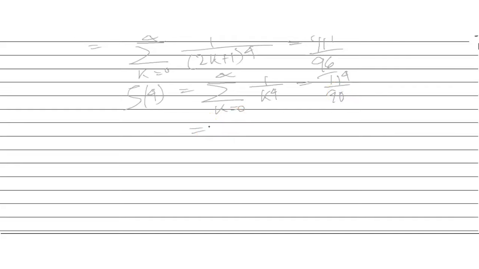And 1 by k to the power 4 can be written as the sum over k equals to 1 to infinity, k equals to odd values, 1 by odd value, so it is 2k plus 1 whole to the power 4 with k from 0 to infinity. It can be written.